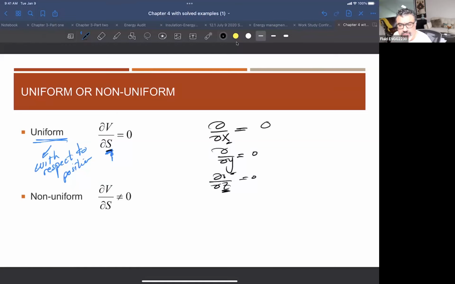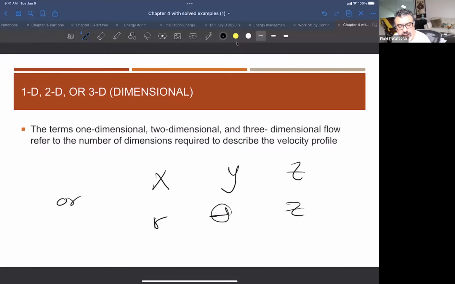One-dimensional, two-dimensional, and three-dimensional are related to x, y, z, or r, theta, and z, if you are talking about Cartesian or cylindrical.